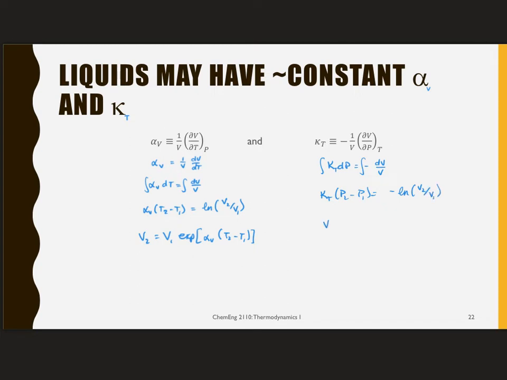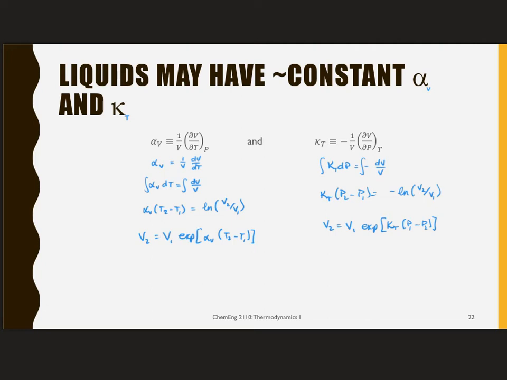This time when I solve for V2, V2 is equal to V1 times the exponential of kappa sub T times (P1 minus P2). I can use this equation if I have a change in pressure, and the one using alpha when I have a change of temperature. These are very easy ways to find the modest changes in volume that I would have with a change in temperature or pressure.